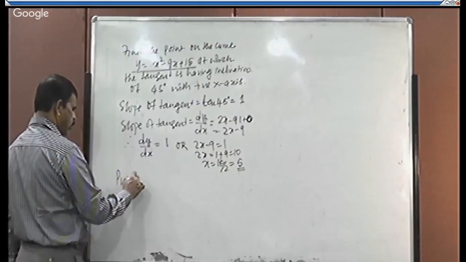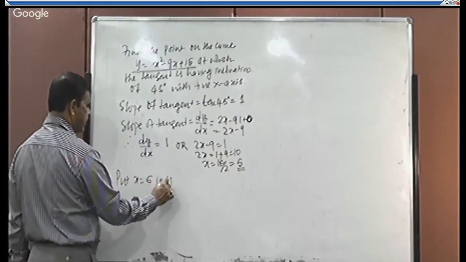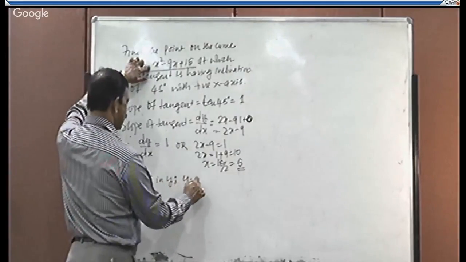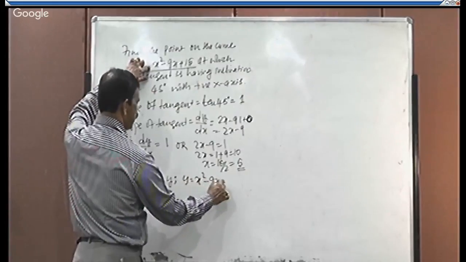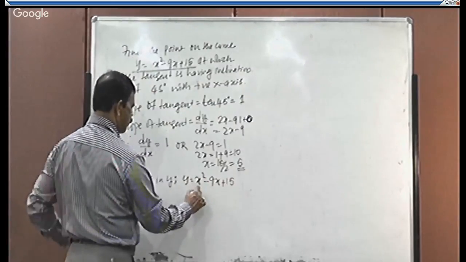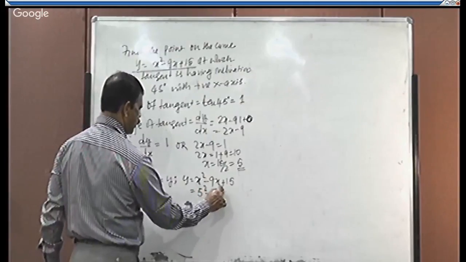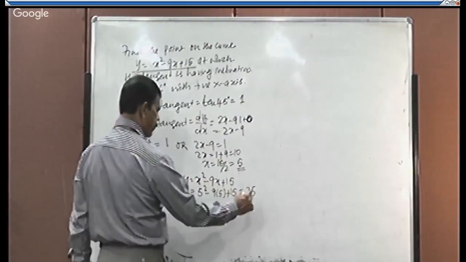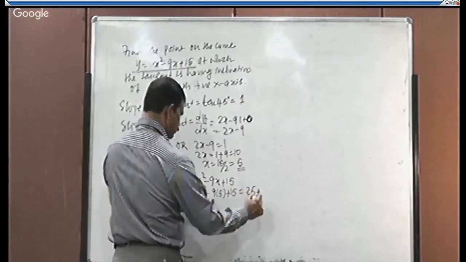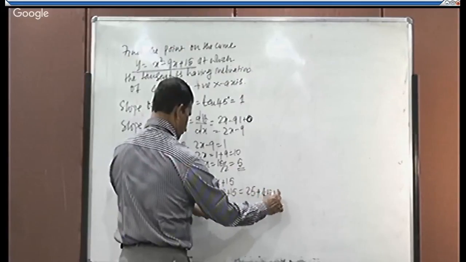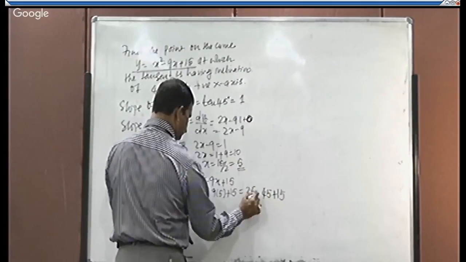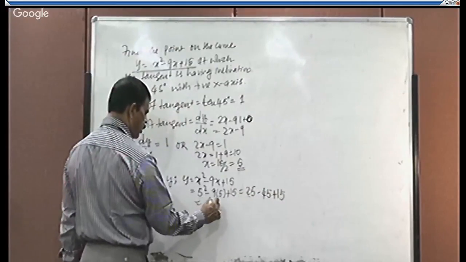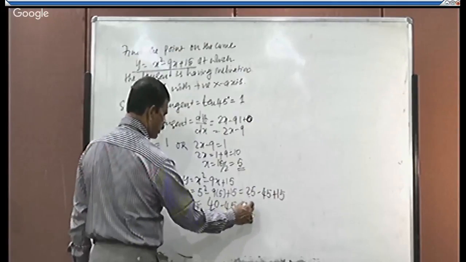Put x equal to 5 in y. Y is equal to x square minus 9x plus 15, that is 5 square minus 9 into 5 plus 15. 5 square is 25, 9 into 5 is 45. 25 plus 15 is 40, and 40 minus 45 is equal to minus 5.